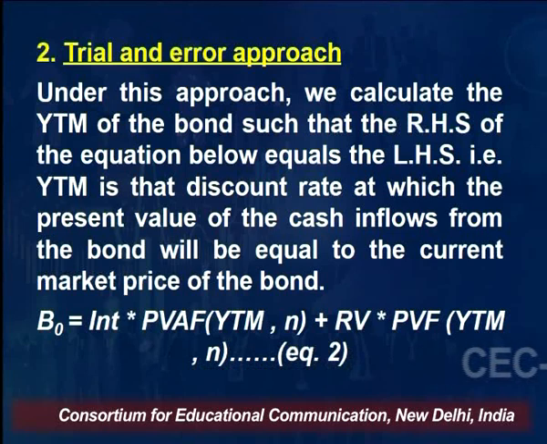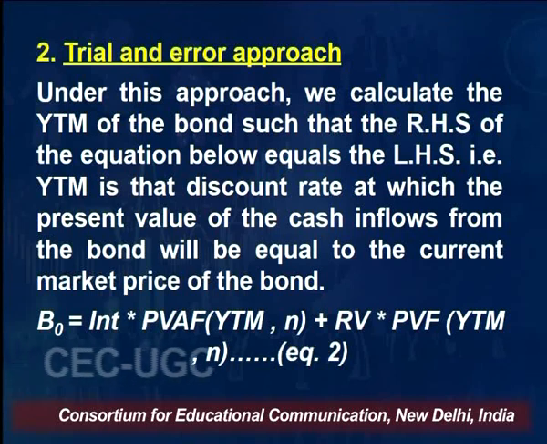On the right hand side, we are discounting the annuity of the interest income which we will be getting during the lifetime of the bond with the YTM rate, and this YTM rate we have to find out. And the redemption value is also being discounted with the YTM rate.